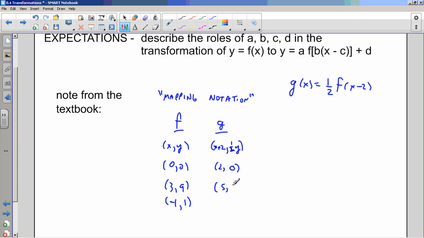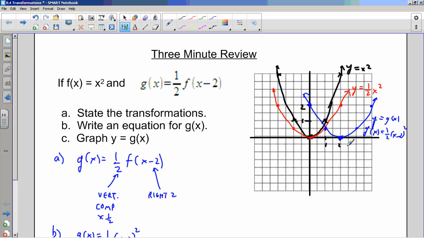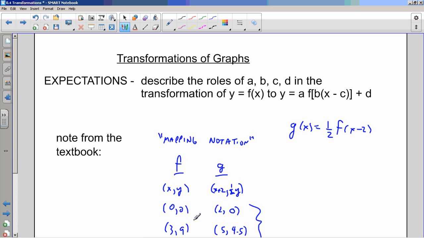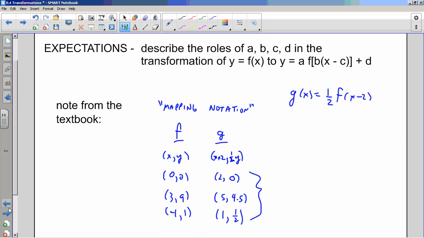9 times a half is 4.5, and -1 would be 1.5. And these points here are probably points on our function from the 3-minute review. 2, 0, and 5, 4.5 would be over here, but yeah, it would be on there. -1, and what did we say? No, not -1. What was the last point? 1.5.